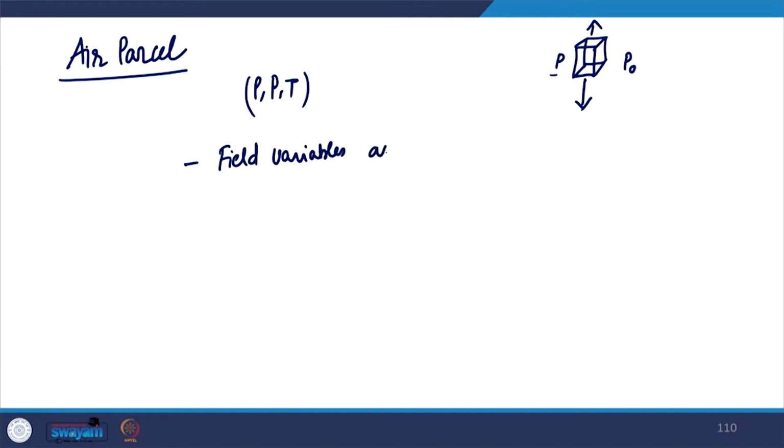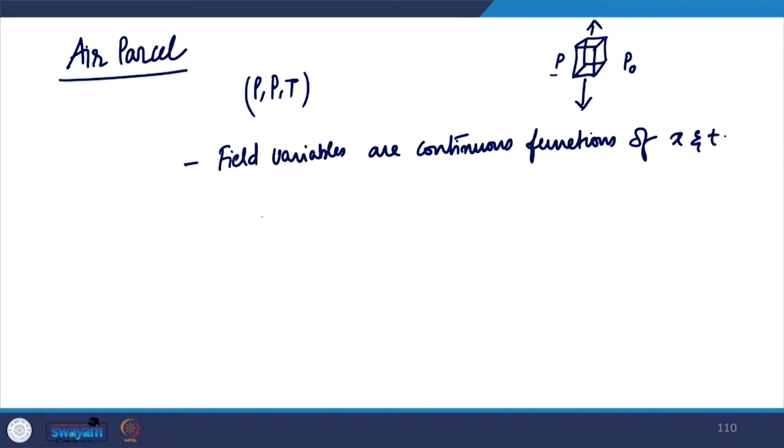Field variables are continuous functions of space and time, right. Now, when we write various equations, we will write those equations pertaining to the air parcel, this point, right.